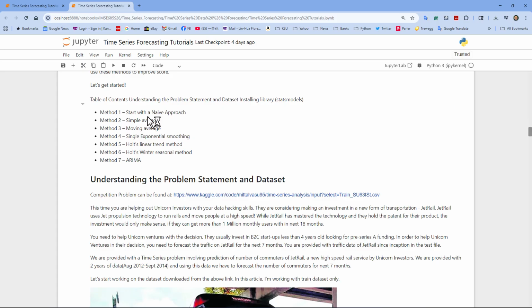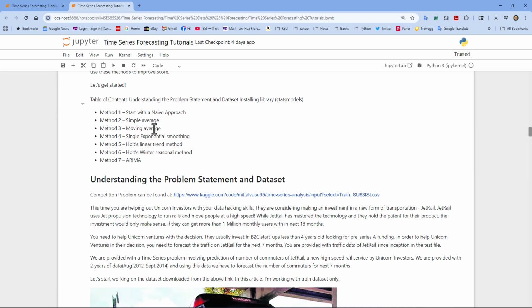we reviewed 7 different time series analysis and forecasting methods, including the naive approach, basically using the previous data as the next forecast. Second is a simple average. I'm taking the average of previous data and using it as the forecast.